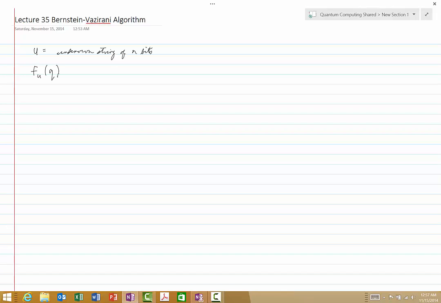If you have an input q to f sub u, and by the way, q is a known query string of n bits, then f sub u of q is equal to q dot u modulo 2.